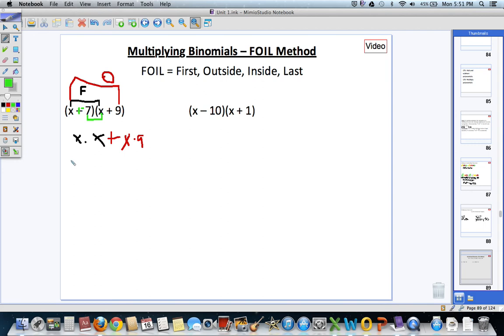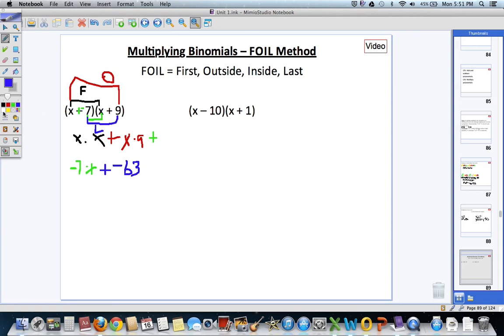So now I have negative 7 times x. And we're adding all of these. And then my last terms, this is my last term here. L for last. So plus a negative 7 times 9 is a negative 63.